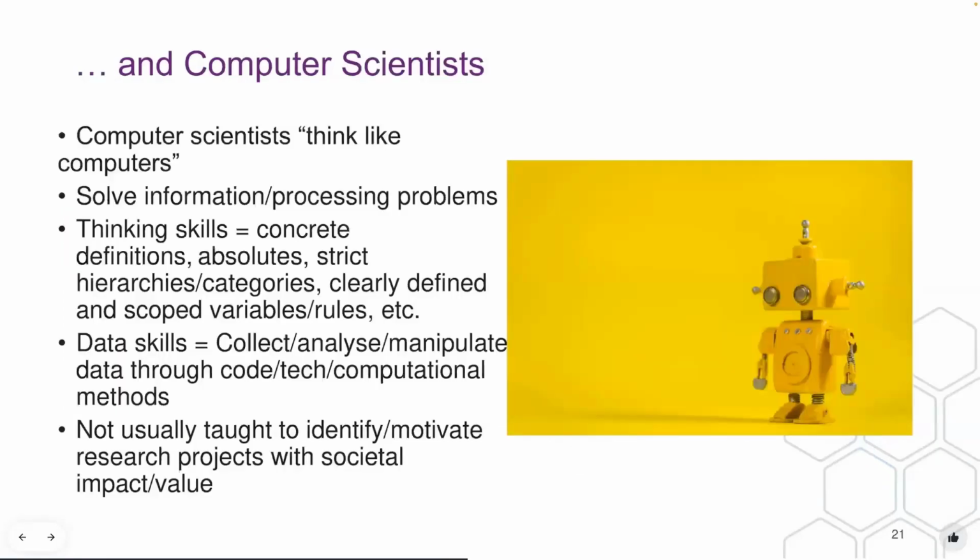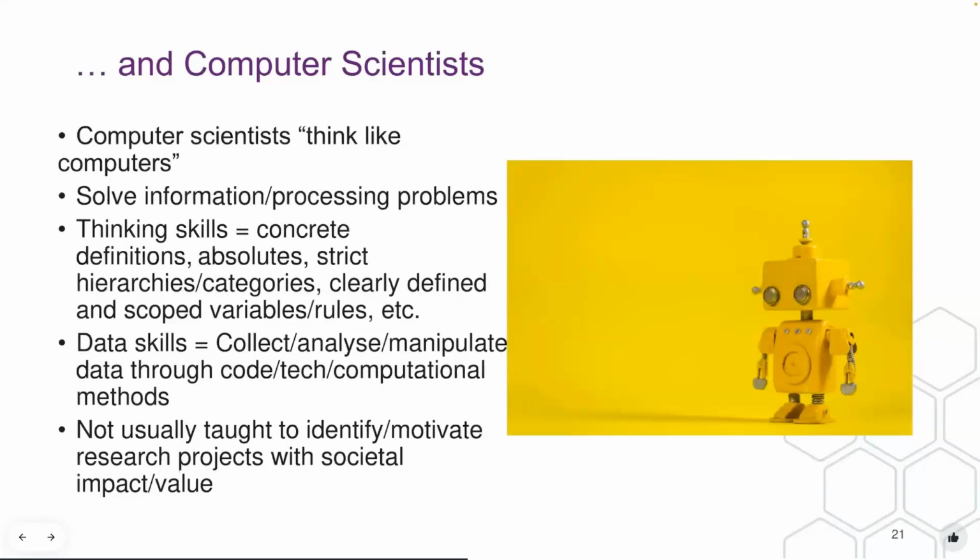And then we have computer scientists. And again, obviously we're making some big generalizations here. But in contrast to the sort of human type thinking skills that social scientists have, we could say that computer scientists tend to have to think like computers. So the thinking skills that they have are more along the lines of working with concrete definitions and absolutes, thinking in terms of strict hierarchies and categories, and clearly defined and scoped variables and rules.